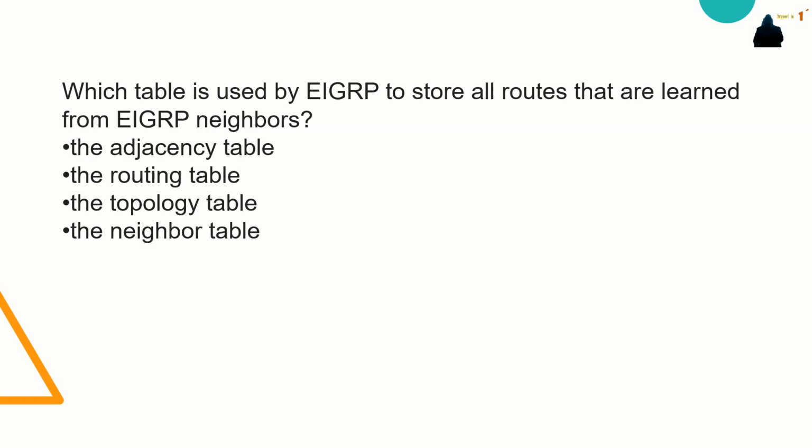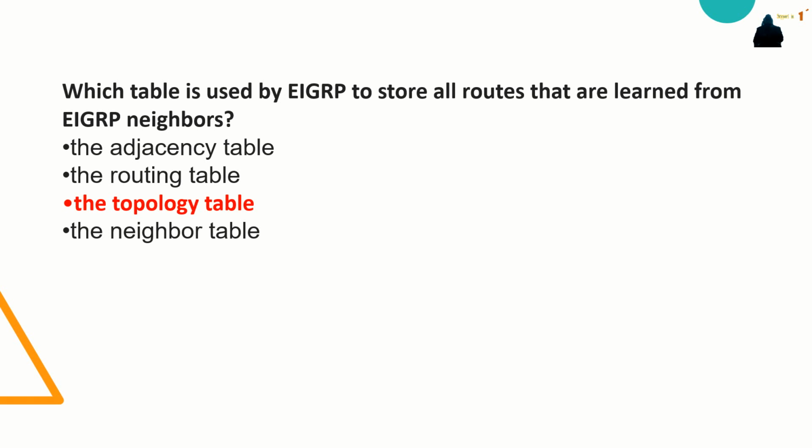Which table is used by EIGRP to store all routes that are learned from EIGRP neighbors? EIGRP routers maintain a topology table that includes entries for every destination that the router learns from directly connected EIGRP neighbors. Yes, this is the topology table.